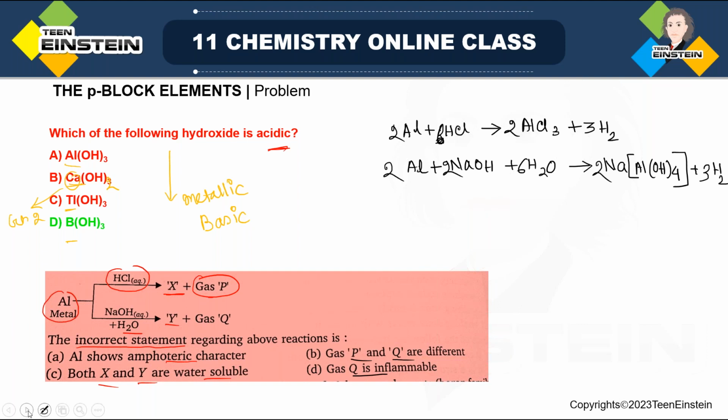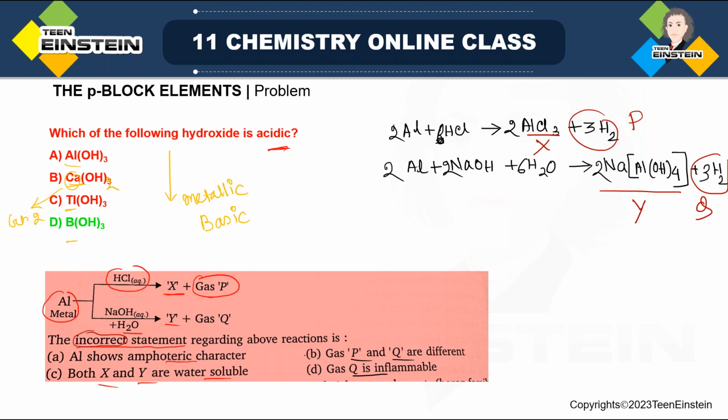So one thing is clear, that in both cases we are getting the same gas. This is P and this is Q. AlCl3 is basically X, and this molecule is Y. Now P and Q, these two are different. Obviously this is not correct, and that is the option we are searching for, right?